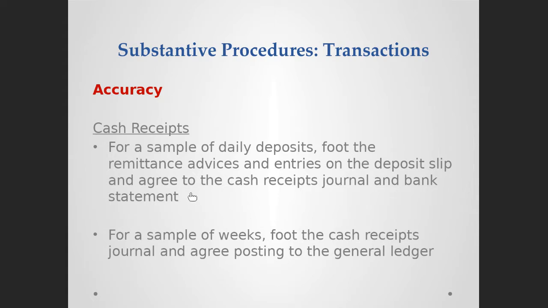So when you get the money from the customer, either you deposit cash or you get it electronically, you will have proof that amount is recorded in the cash receipts journal and that amount is also shown in the bank statement. So you want to make sure that all of these amounts match.